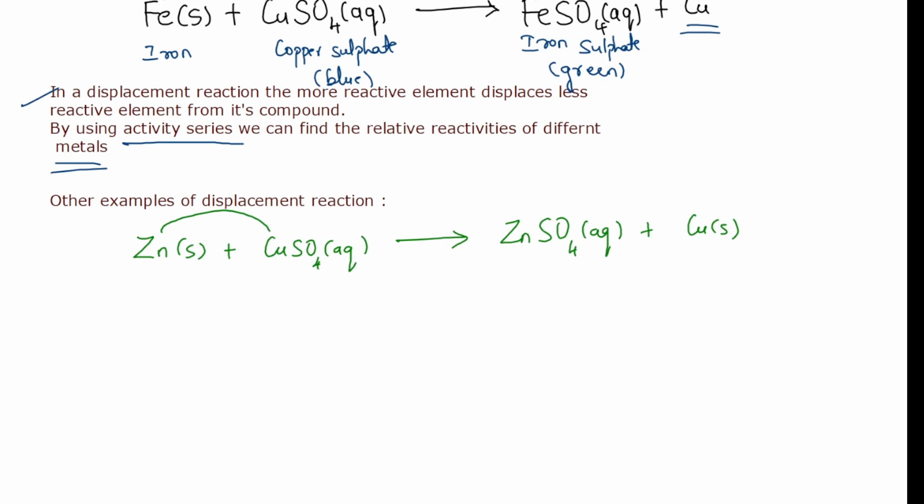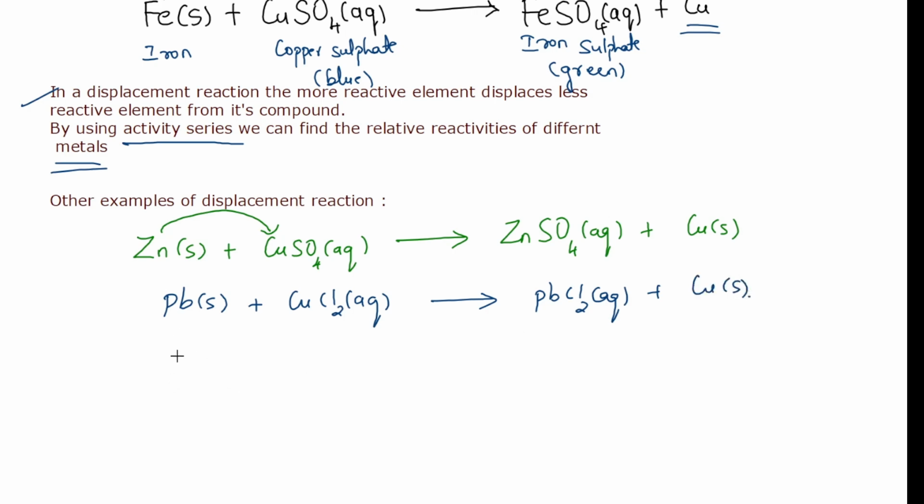Because zinc is more reactive than copper, it will displace copper from its compound. Another example, lead plus copper chloride solution. Lead displaces copper from copper chloride to form lead chloride plus copper.